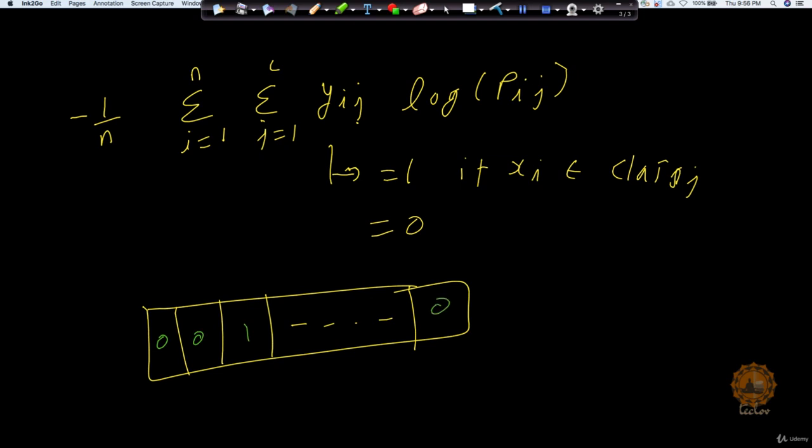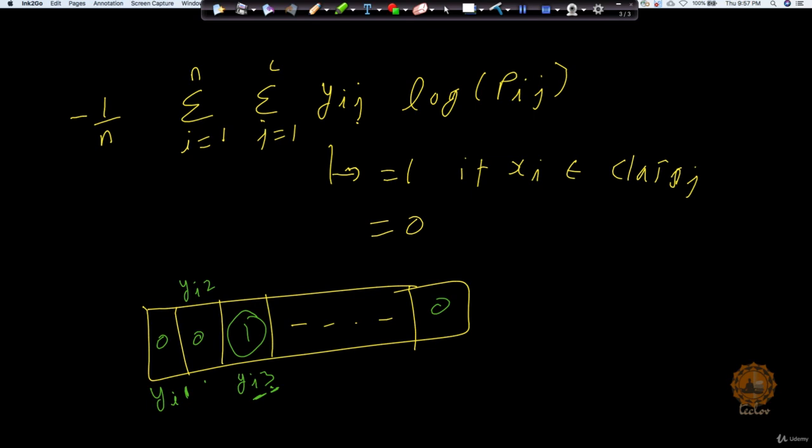So this is, let's say, y for the ith row, first class. Again, this is y ith row second class, yi3, which is for the ith row, third class. So let's say this belongs to class 3. In this case, this value is going to be 1 for the ith row, where it belongs to class 3. That's how we represent it.